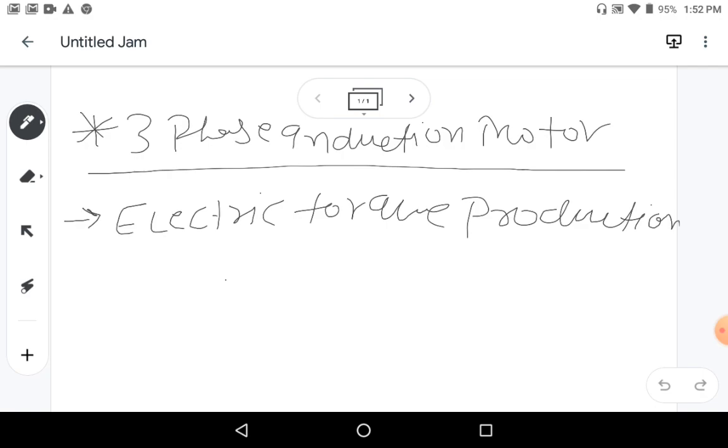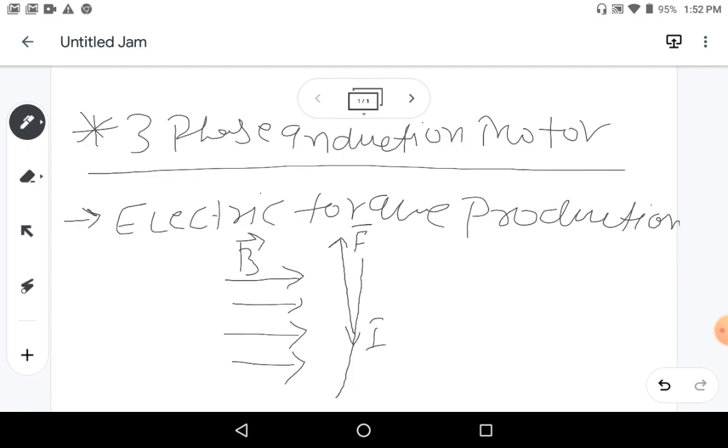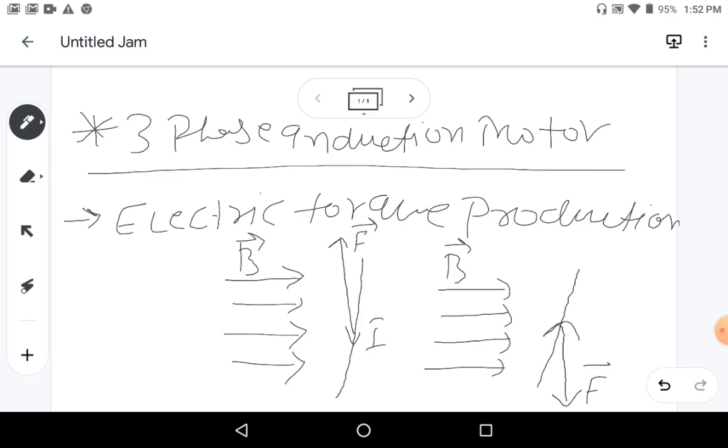When a magnetic field B passes in this direction and a coil has the current I in this direction, then this coil feels a force upward, and when the field passes in the same direction and the current passes in the opposite direction, then the coil feels a force downward.